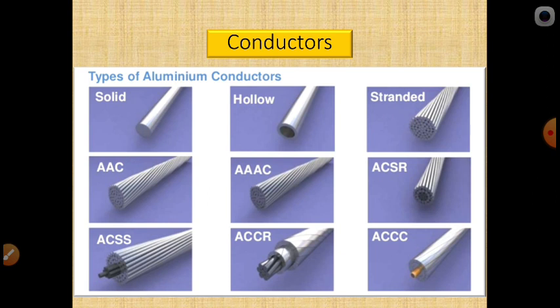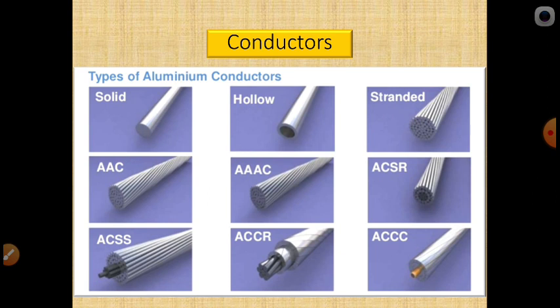Here S means steel, which is mechanical support, reinforced. So these are the different types of conductors generally used in our distribution system as well as in the power system to transmit the energy from the substation to the load center.